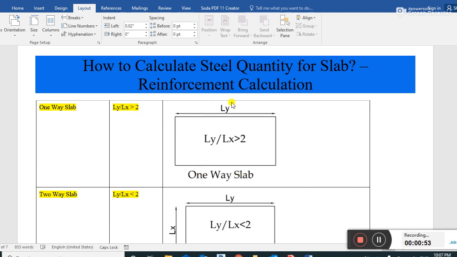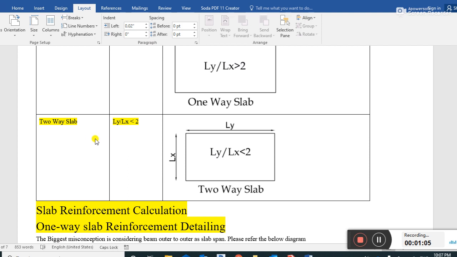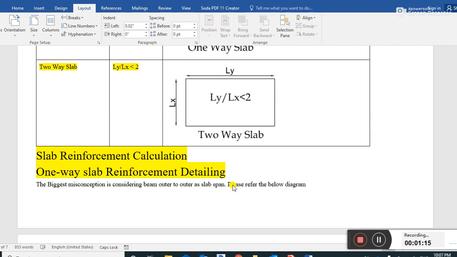In other words, if the ratio of long length divided by short length is greater than 2, this is a one-way slab. If the ratio of ly divided by lx is less than 2, it is a two-way slab. Simple.